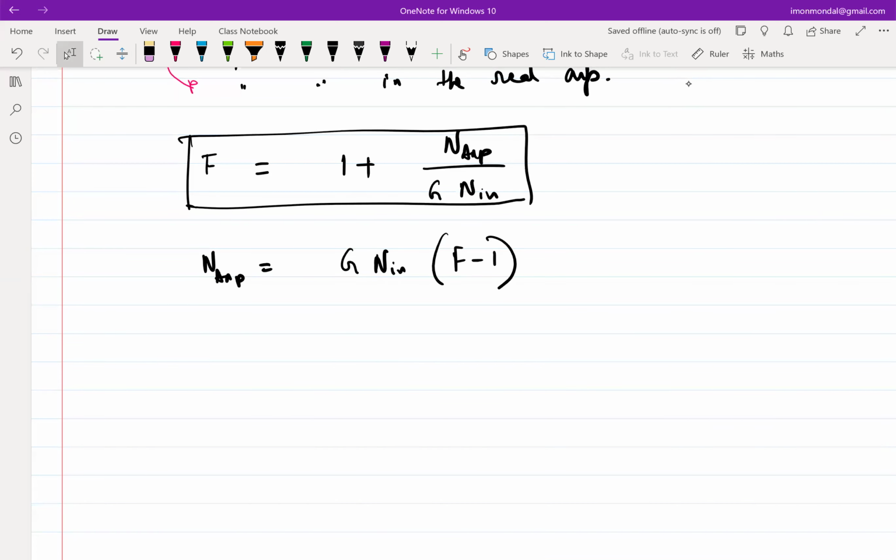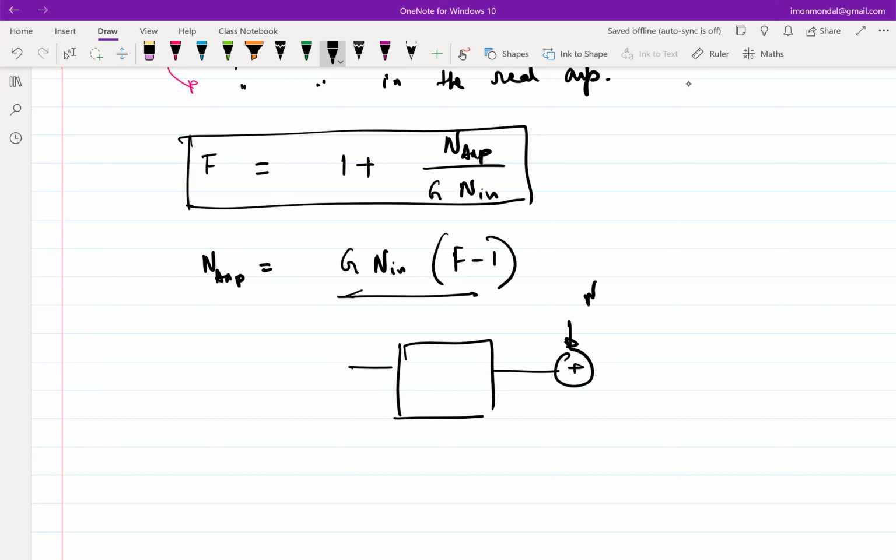And if I now refer it back to the input, this is your N amp, where I have connected it like this, and this is the N out. So if your N in is given to you, what is N out? By definition of noise factor, what is N out?